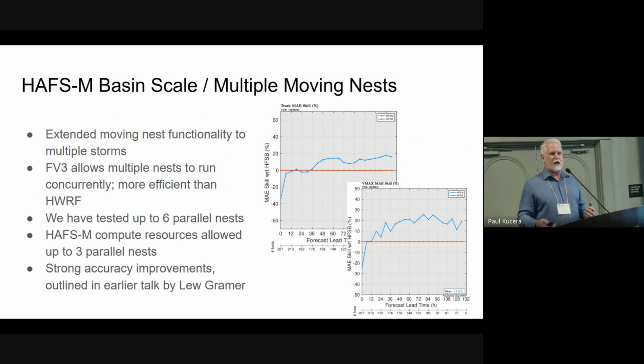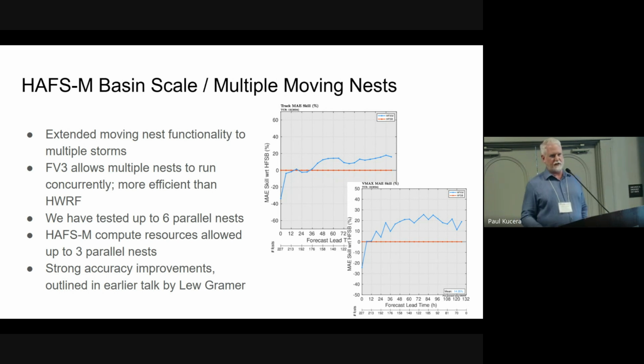So in terms of the basin scale and multiple moving nests, about a year ago we finished getting the multiple moving nest functionality running, and we've tested now up to 6 parallel storms, depending on the amount of compute resource we have available.